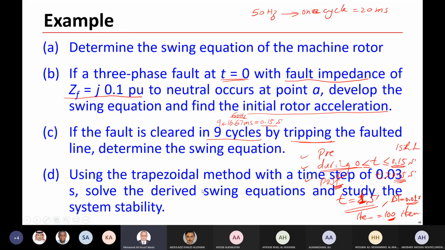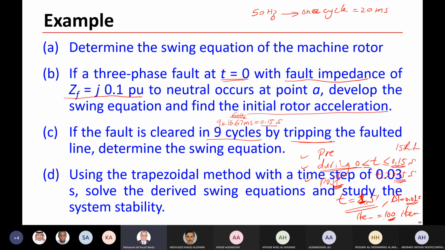Okay, so using the trapezoidal method with a time step of 0.03 second, solve the derived swing equations and study the system stability. 0.03 second here.